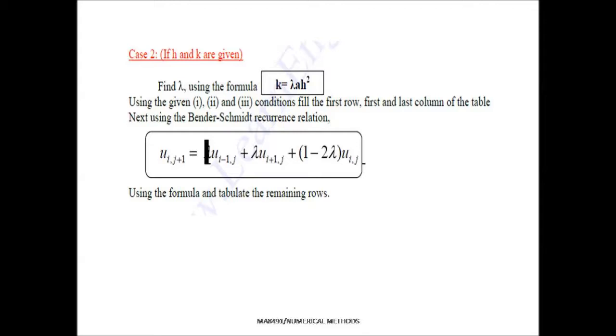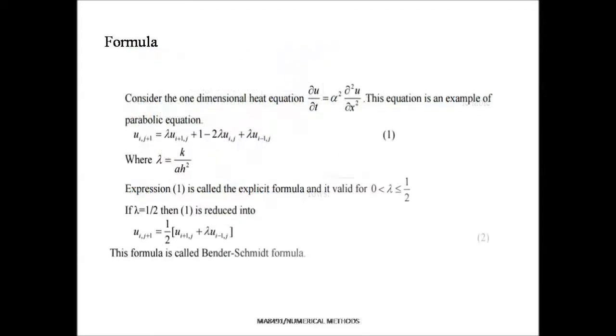Now let's see the formula in both the cases. Here we have given you both formulas. See that one is for when both h and k are given, where we find lambda using k / (a h²).